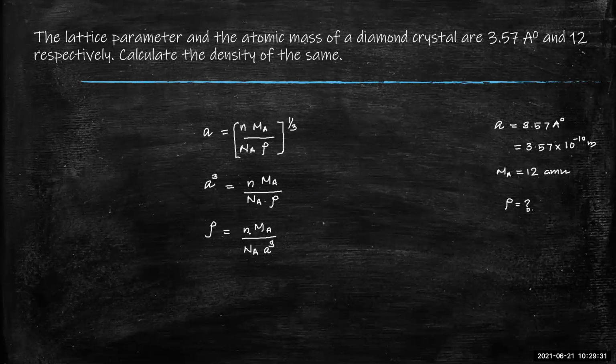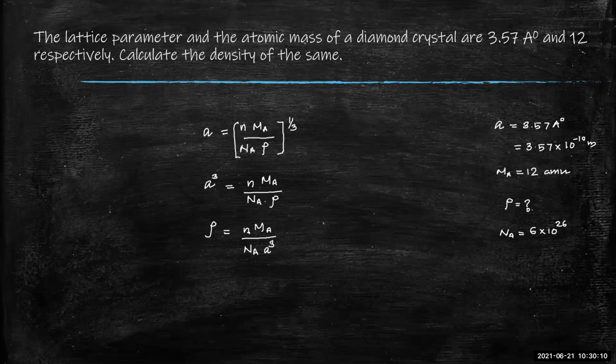Here Ma is given and we have the Avogadro number. We write here it is 10 raised to 26, so the density will be in kilogram per meter cube.